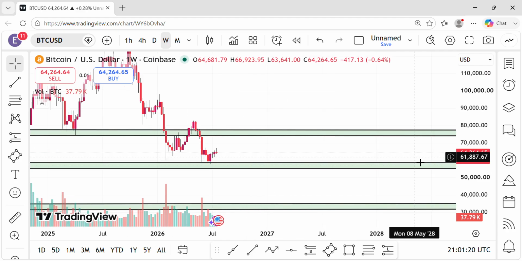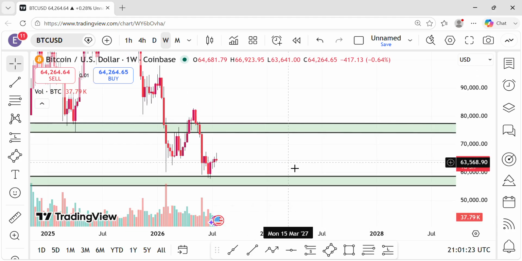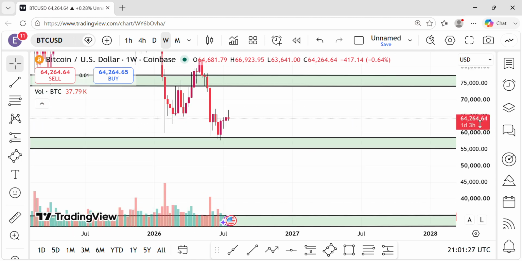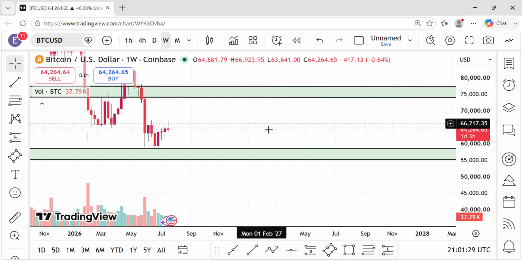So it has been a bit difficult for BTC to move lower.